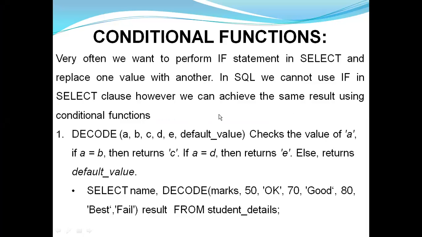Now you will notice one thing: all the values are compared exactly, meaning with the equal to operator. We cannot say that all people less than 25 are young, all people between 26 and 38 are mid-age, and all people who are 50 or above are senior citizens, because decode always compares only with the equal to operator.